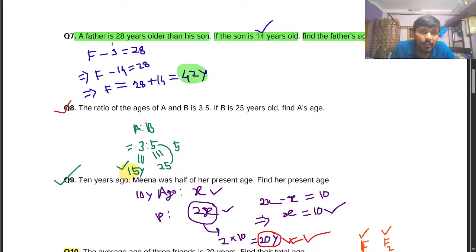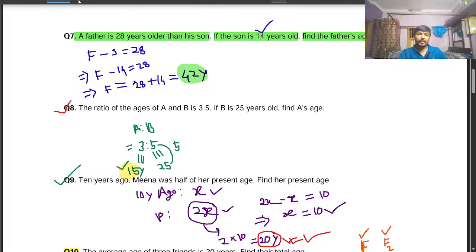A father is 28 years older than his son. If the son is 14 years old, find the father's age. From seventh number, if I represent f as father and s as son, then father minus son equals 28.